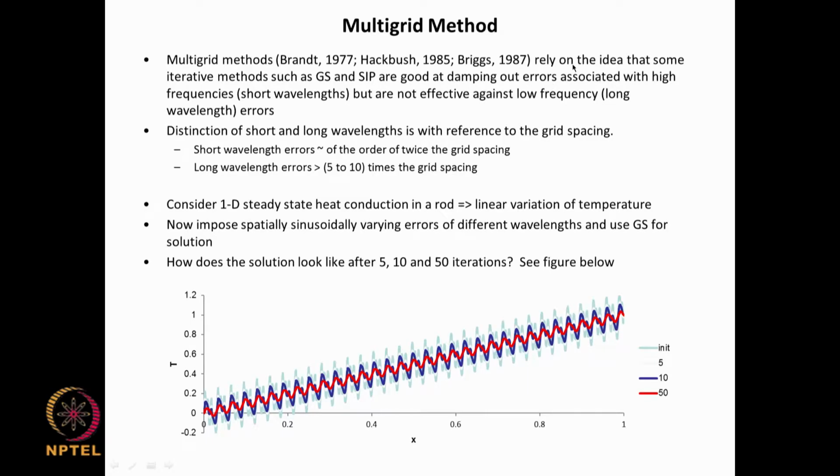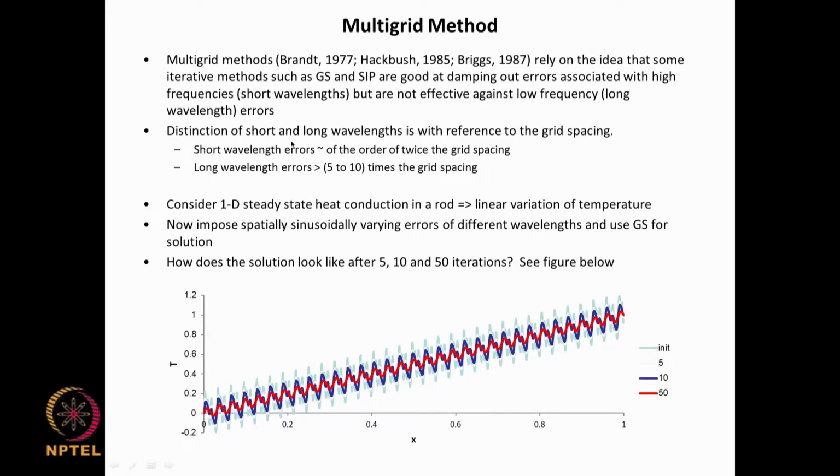So we are saying that multigrid methods rely on the idea that some iterative methods such as the Gaussian method and also the strongly implicit procedure are good at damping out errors associated with high frequencies or short wavelengths, but are not effective against low frequency or long wavelength errors.